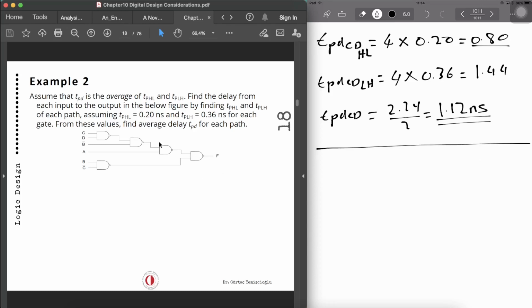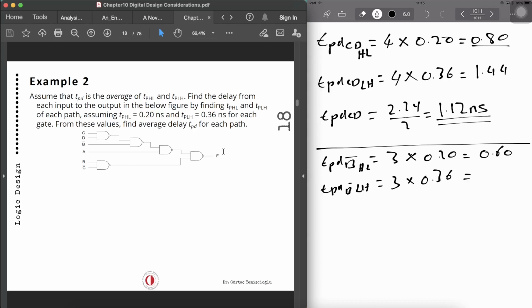Okay, so that's the CD inputs. For B prime, we have got 3 stages. So tPD for B prime, high to low, is 3 times 0.20, which is going to be 0.60, and tPD for B prime, low to high, is 3 times 0.36, which is going to be 1.08.